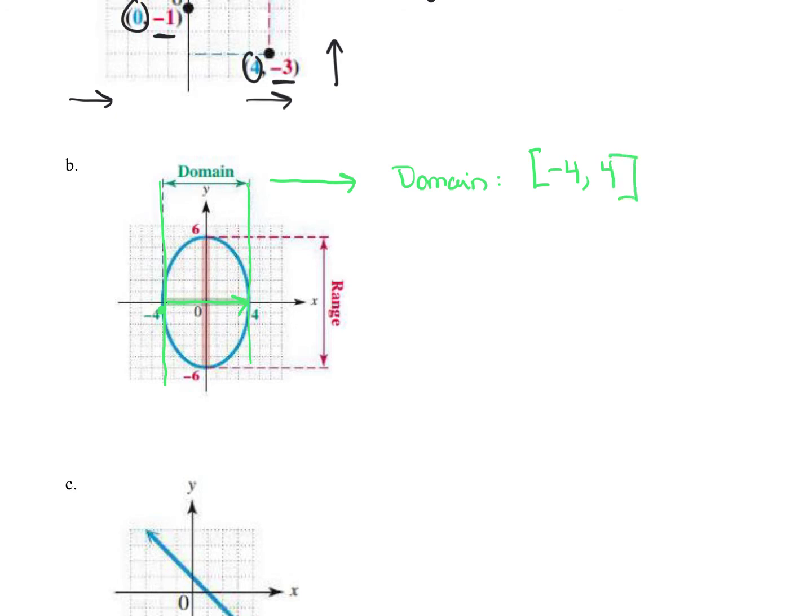With range, we want to go from the bottom up to the top. So the very bottom down here was -6, and the tippy top right here was 6. So my range, and I touched -6 and 6, so my range is going to be -6, comma, 6 with a bracket.